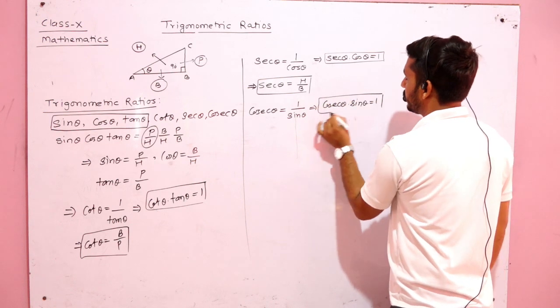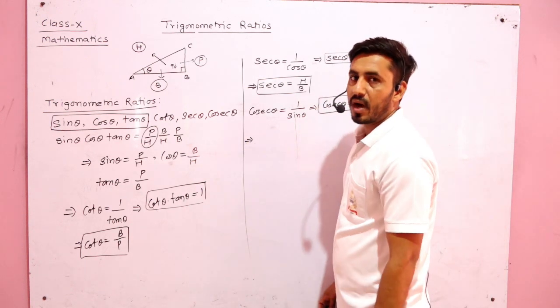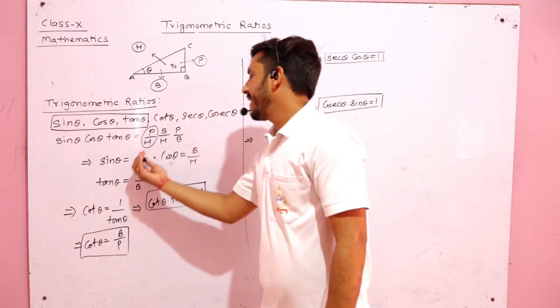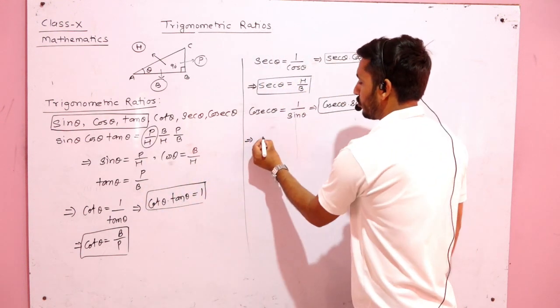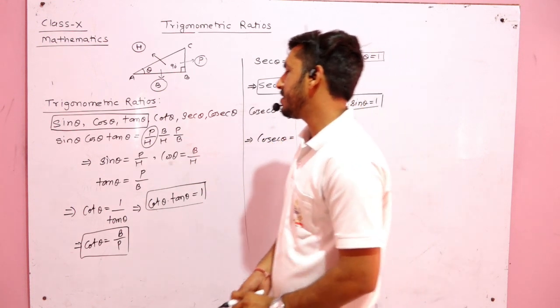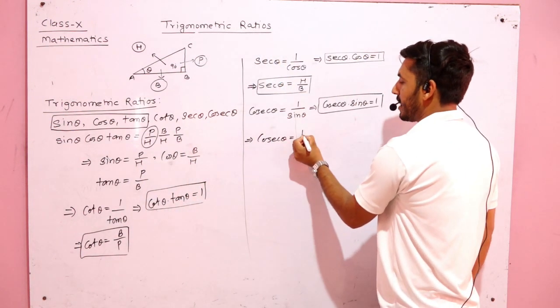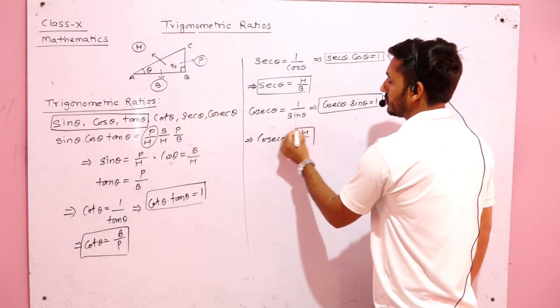The next relation is obtained. And if I want to find cosec theta in terms of sides, then cosec theta is the opposite of sin theta, and the value of sin theta is P upon H. Then cosec theta will be H upon P.